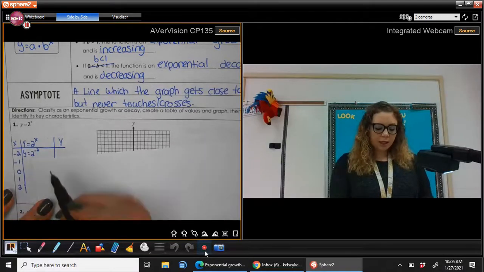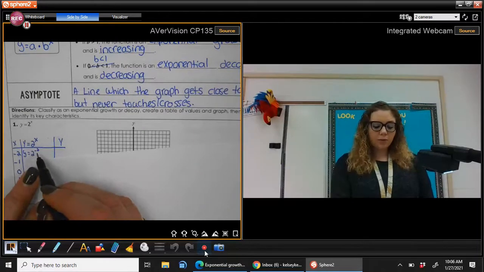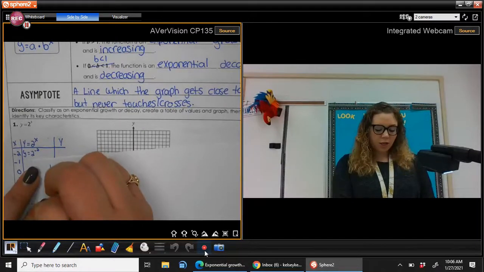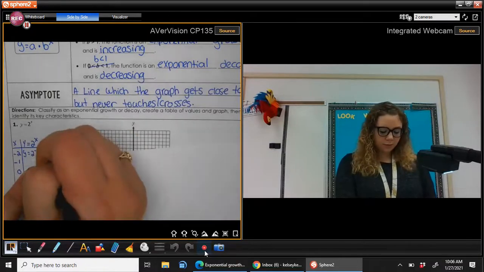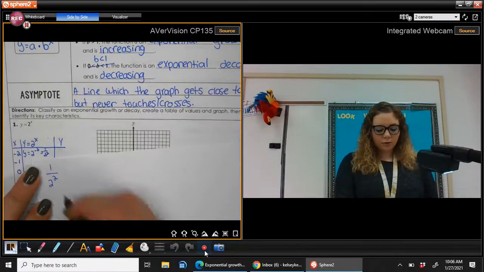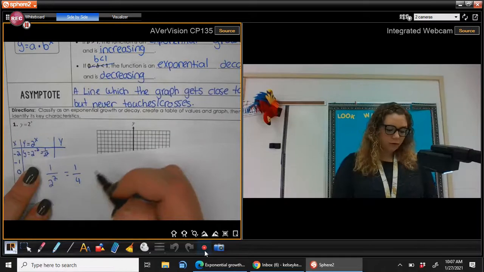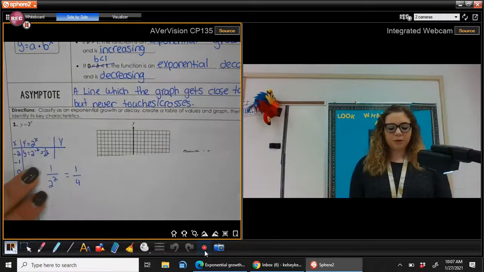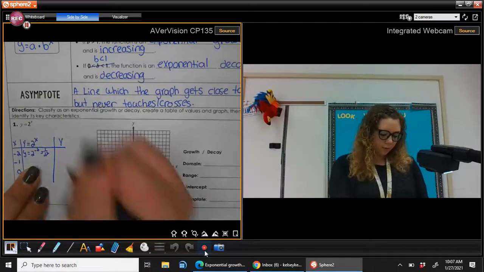So 2 to the negative 2. Remember, we don't like negative exponents, so we have to rewrite it as 1 over 2 to the second. 2 squared is 4, so it's going to be 1 over 4. I'm going to convert that to a decimal, which is 0.25.